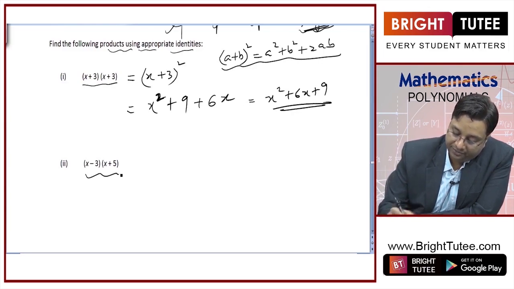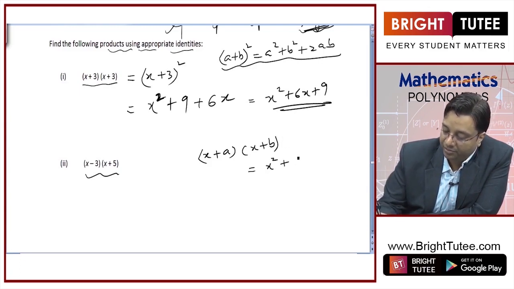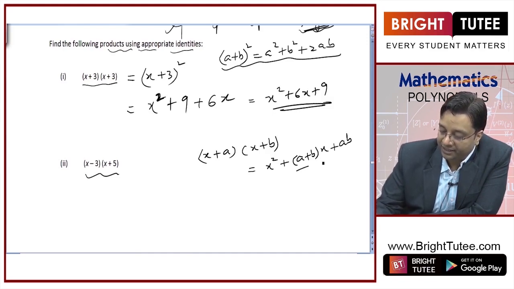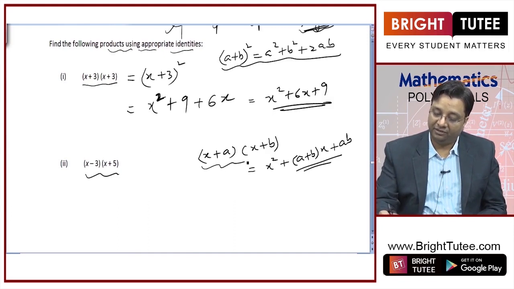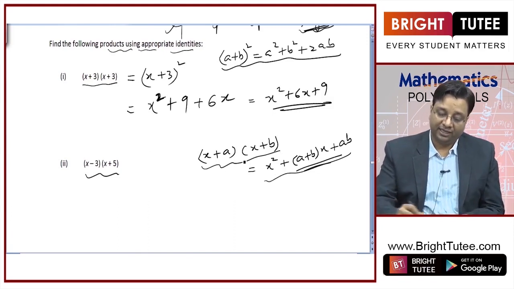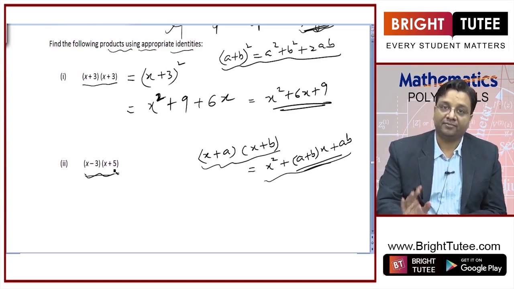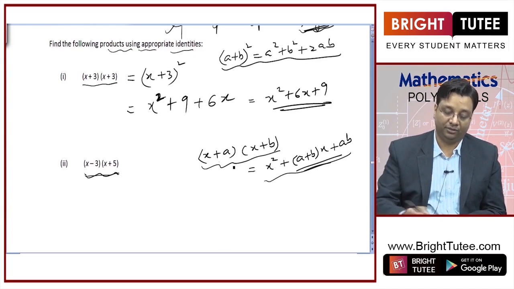Now in this case I will use this identity, (x + a)(x + b) is equal to x square plus (a + b)x plus ab. I personally suggest that even if you don't memorize this identity, you can directly multiply these two brackets. Or if you can keep it in mind, then it is well and good.